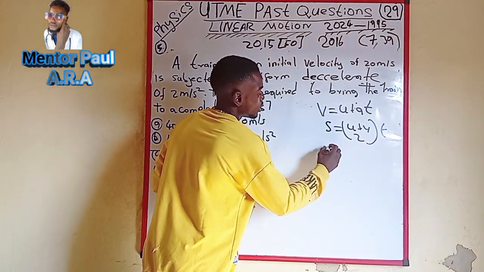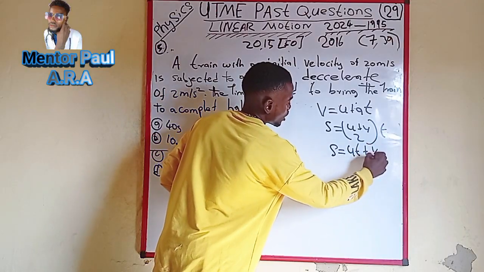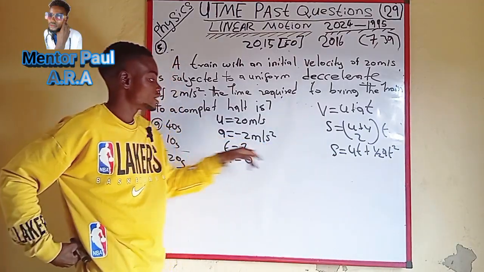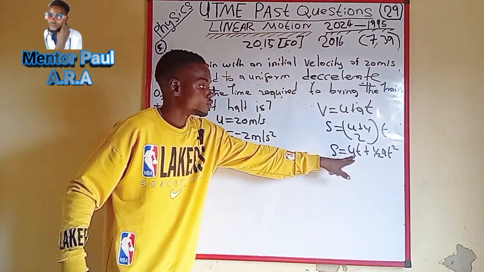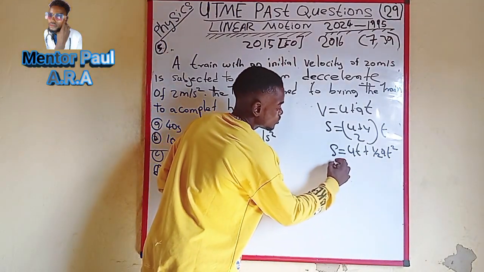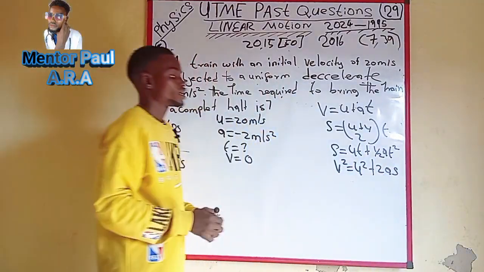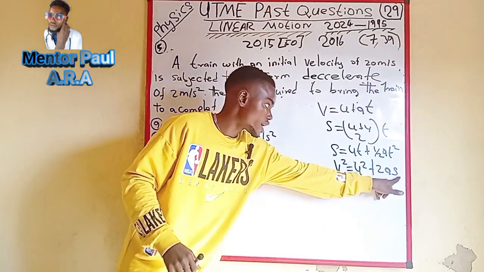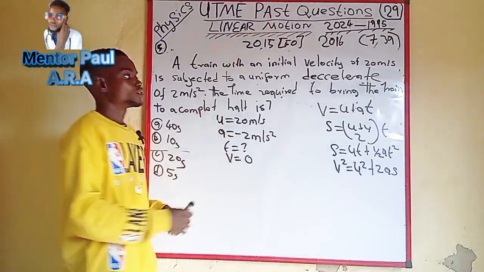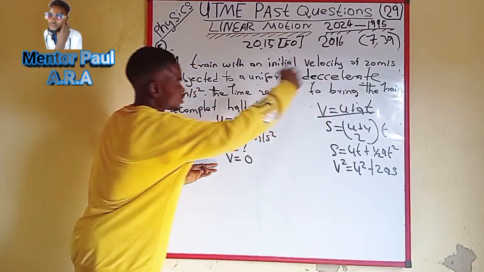If we use s equals ut plus half at squared, we find out that we also have s, which is not involved, and again u is there, but there is no final velocity. This is how you can choose your formula. Let's say again we have v squared equals u squared plus 2as. You can see that if you choose this equation, s, which is distance, was not given in the question and we are not looking for it. So the suitable formula to use is the first one, and I'm going to substitute the values.